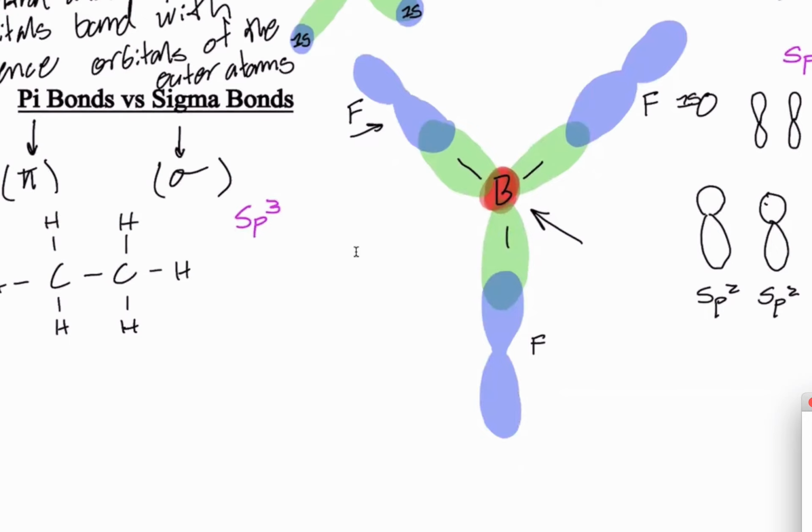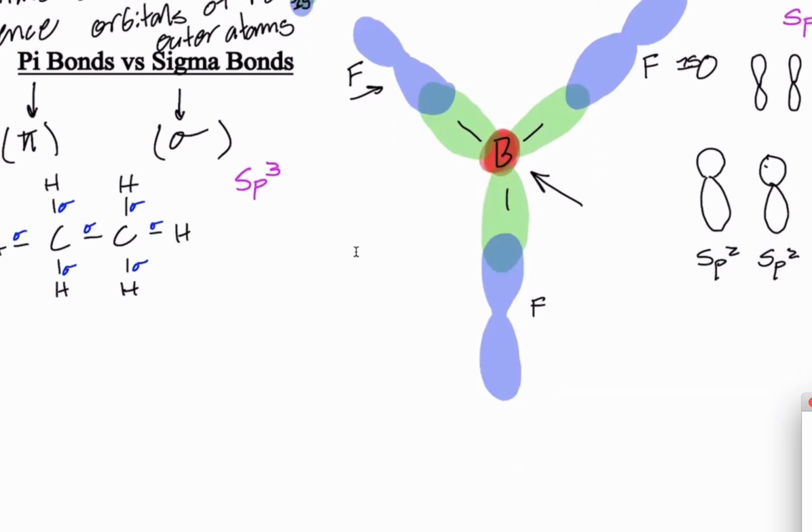When you have one single bond, that is a sigma bond. So each of those are sigma bonds. When you have one single bond, you get one sigma bond.